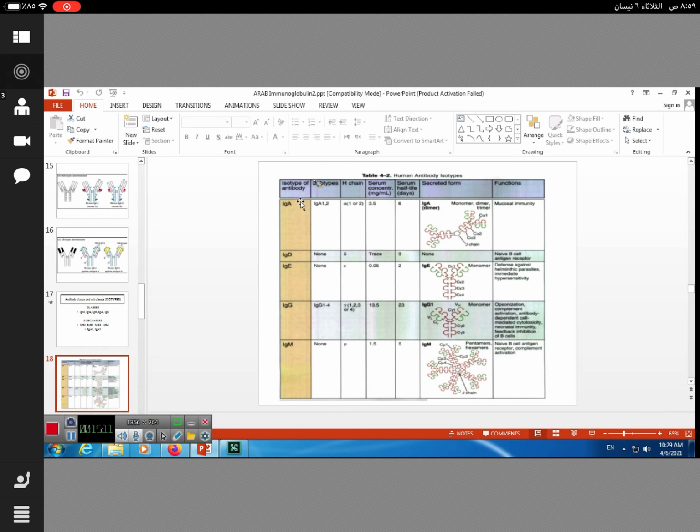Comparison of the serum concentration showed that IgG has more concentration in comparison to other classes, and serum half-life showed that IgE has the minimum half-life, 2 days.